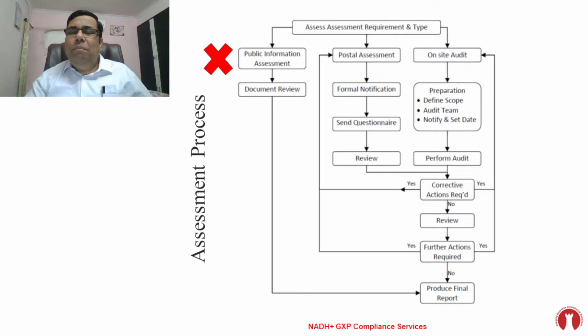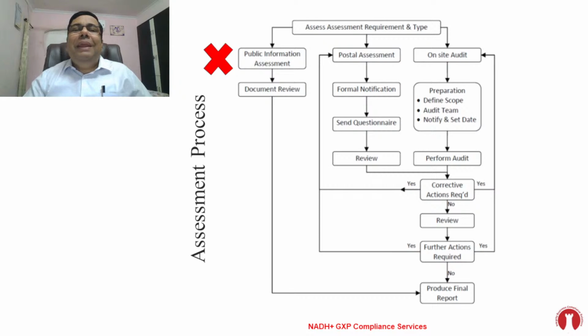You can see all three: the postal assessment, the public information assessment, and the on-site audit, and it gives you information on how to use them. I preferably put a red cross to show that public information assessment should not be used. So let us now focus on the postal assessment and on-site audit.